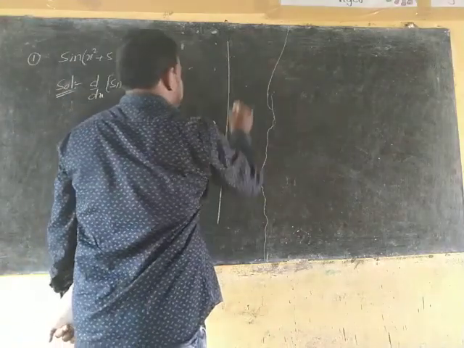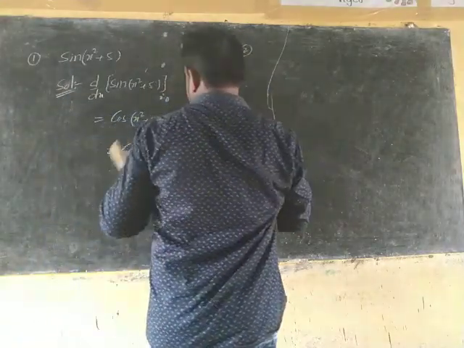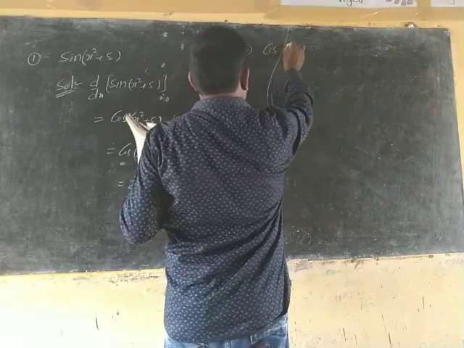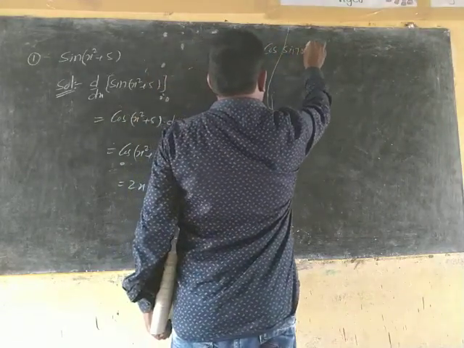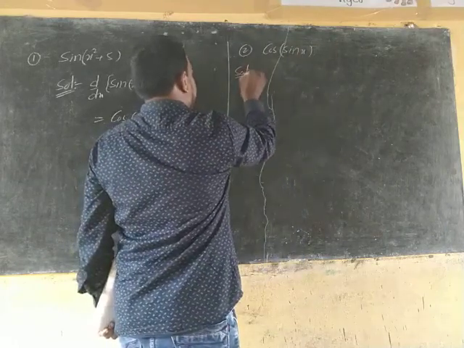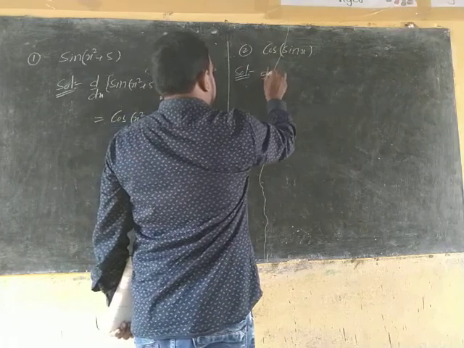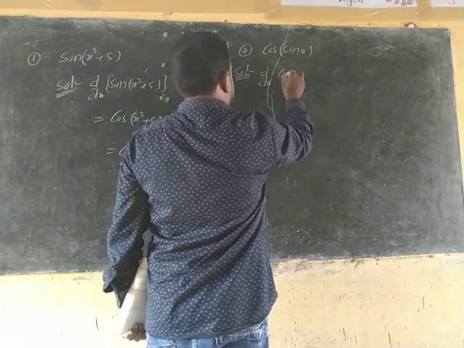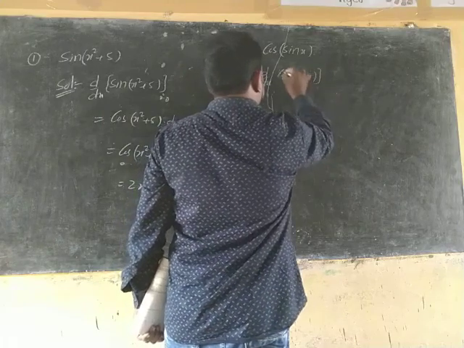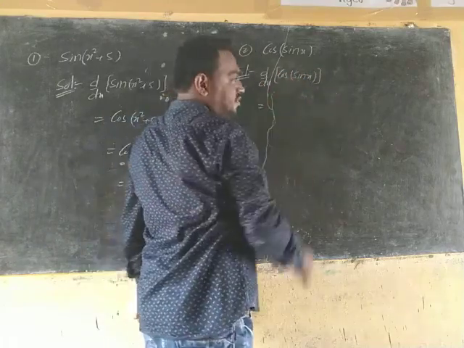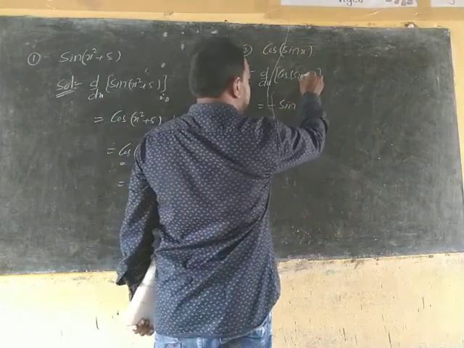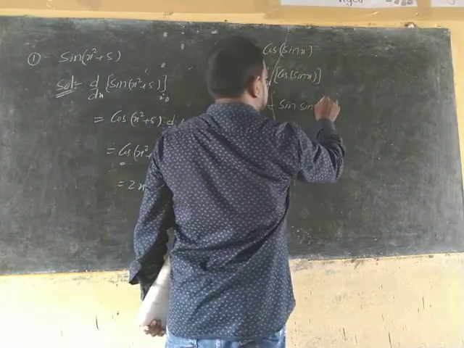Now second question: cos of sin x. Solution: d by dx of cos of sin x. First, cos function derivative is minus sine. So sine of the same angle you write, that is sin x.